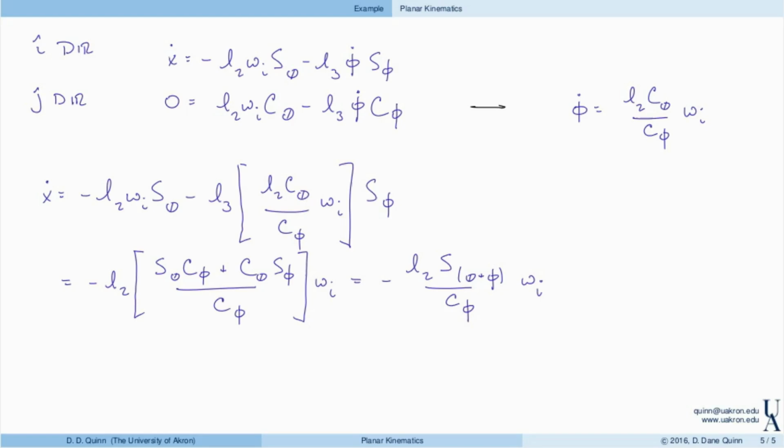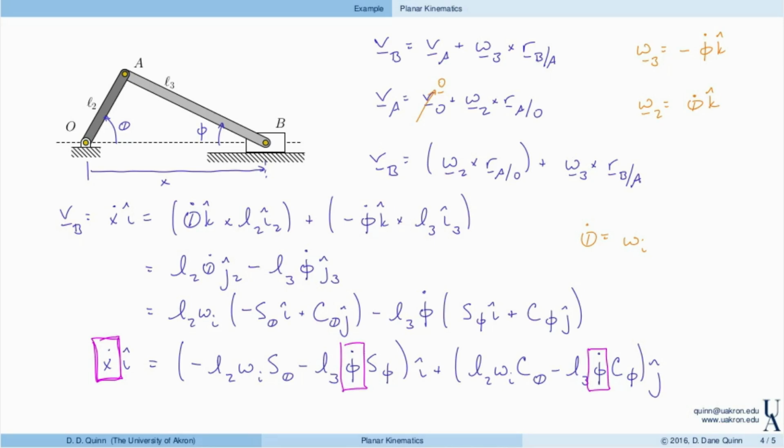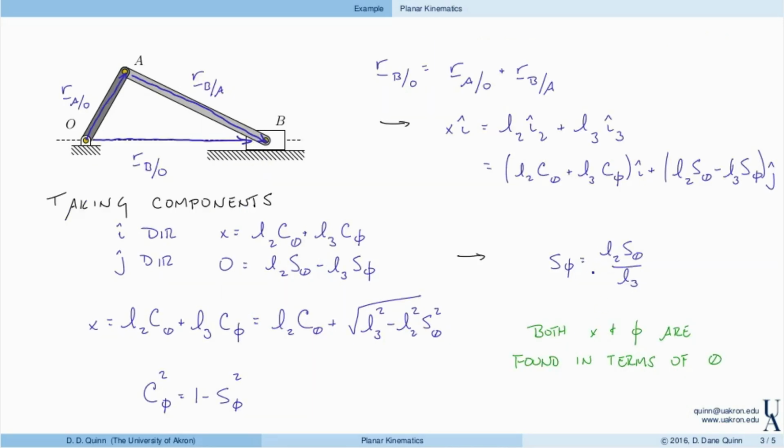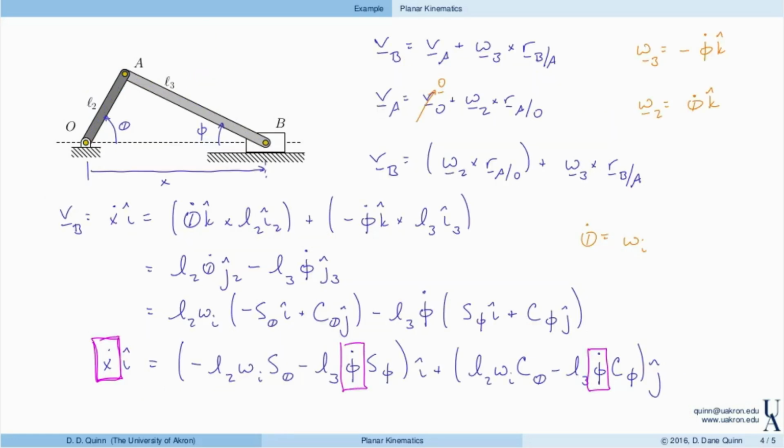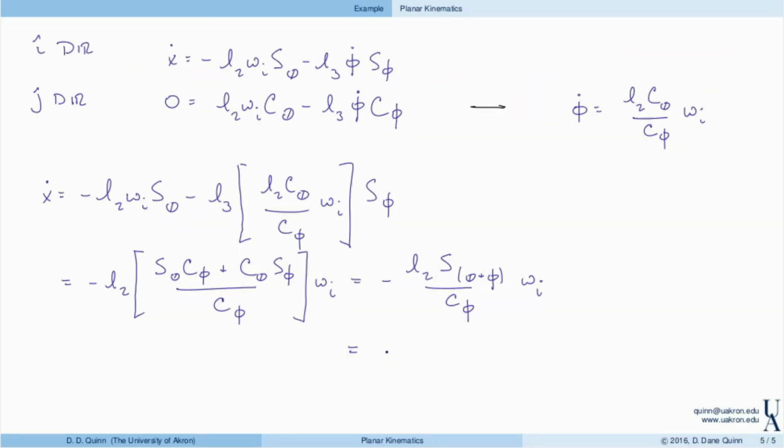Now I can also take this and express this in terms of simply the angle theta. Notice that really this last term becomes tangent of phi. So if I go through and do all the algebra, I make use of these expressions for sine and cosine, we end up with the following.